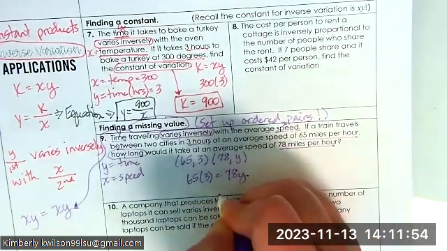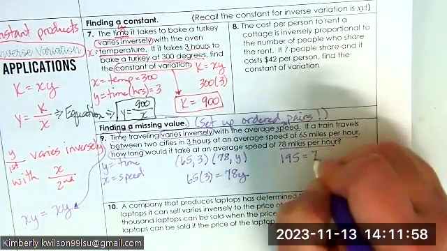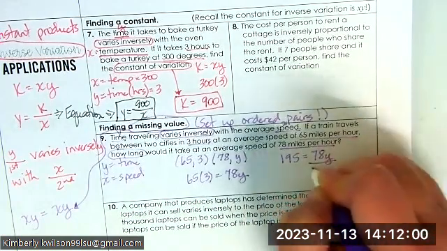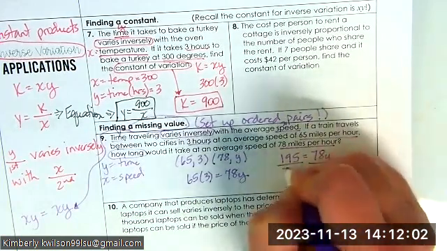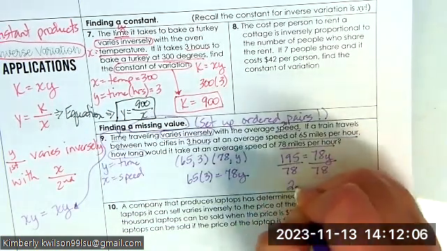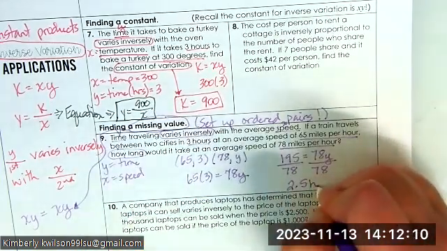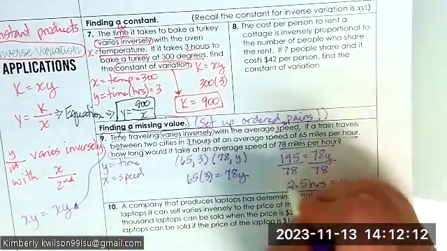Well, 65 times 3 gives me 195 equals 78y. Divide by 78, and I end up with 2.5. I'm looking at how long, so it's 2.5 hours equals y.